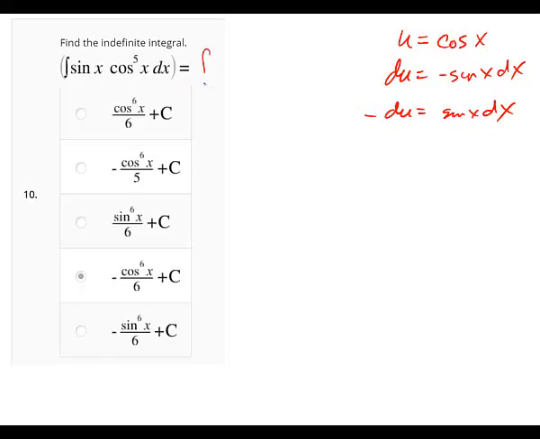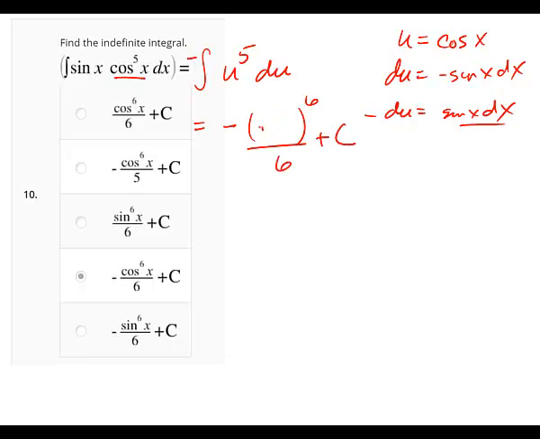All right, so let's try subbing in our u. For the cosine, what am I putting in? u to the 5th. And for the sine dx, I am putting in negative du. So we've got to integrate u to the 5th. We get u to the 6 divided by 6 plus c.